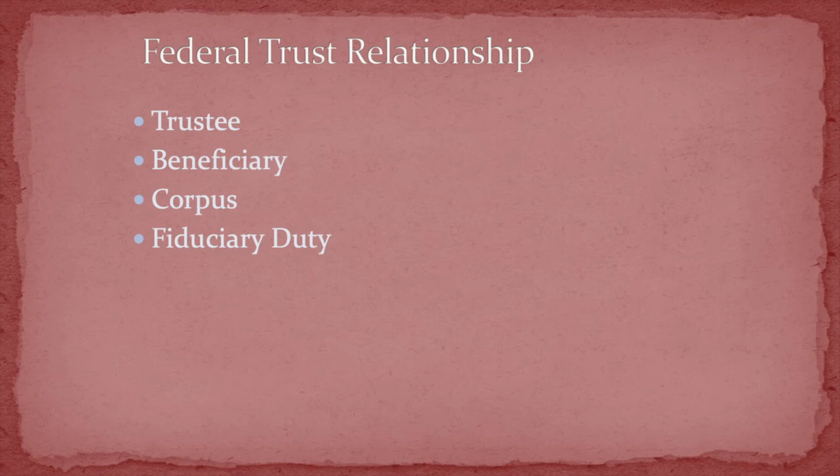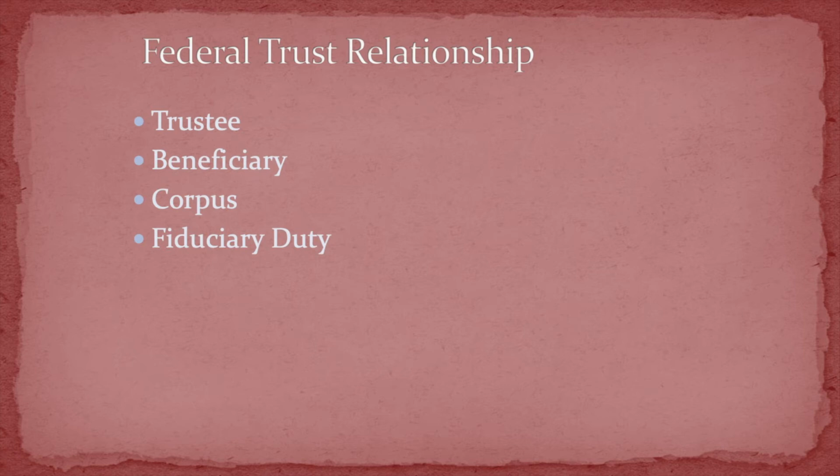Getting back to what a general trust is, there's a trustor, there's a trustee. The trustee is the person or entity that is in charge and trusted with handling and administering the corpus, which is the body of things.